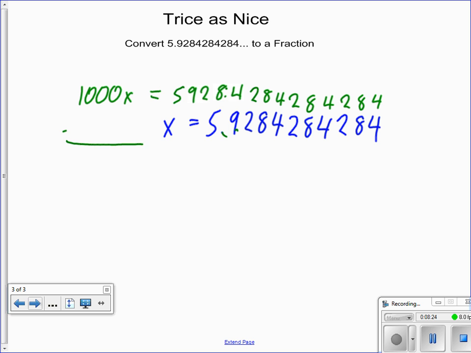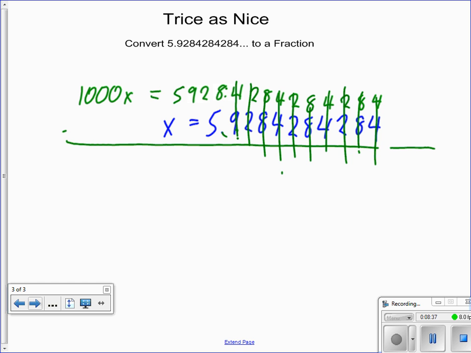I'll subtract. 4 minus 4 is 0. Alright, so we cancel. Oops, 4 minus 9 does not cancel.